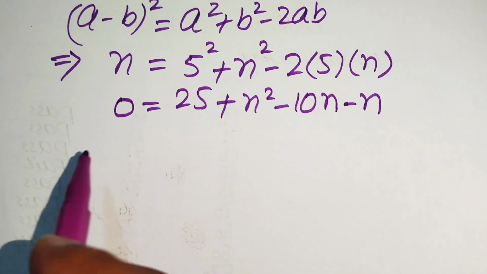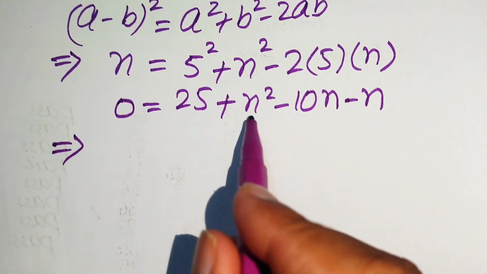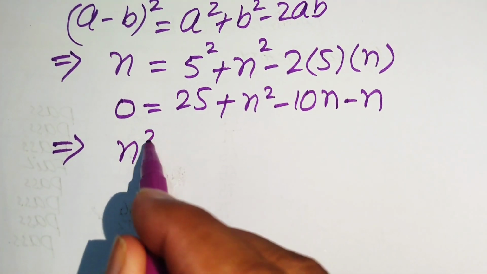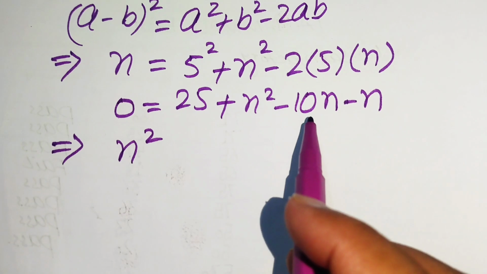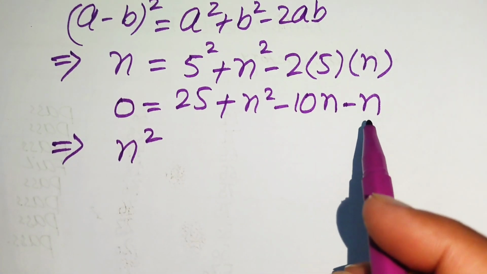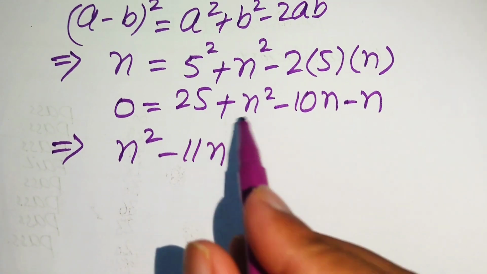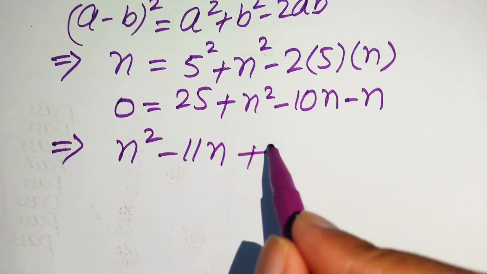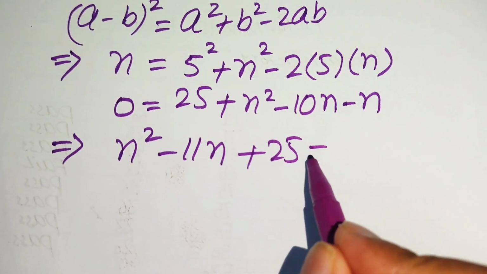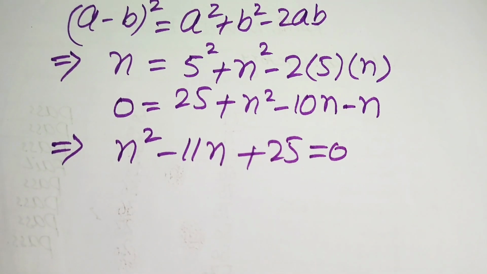So here we rearrange the terms and first we write the positive term n square, and after that we have minus 10n minus n is equals to minus 11n, and this is plus 25, and this whole equation equals to 0.